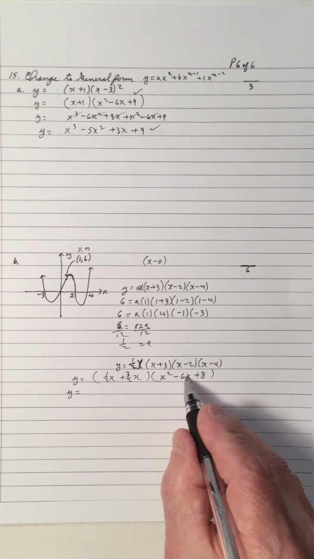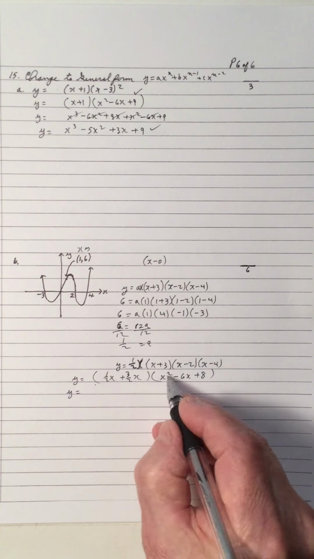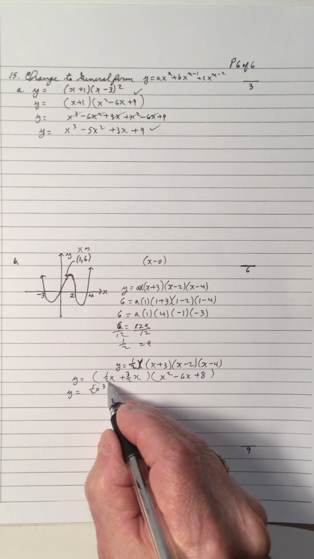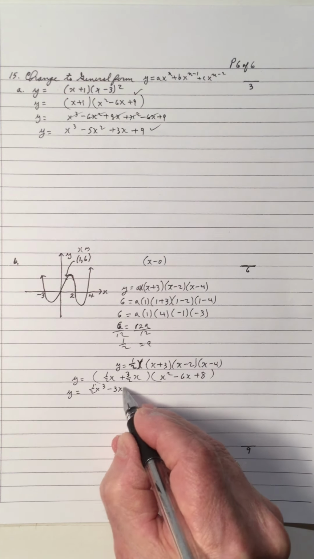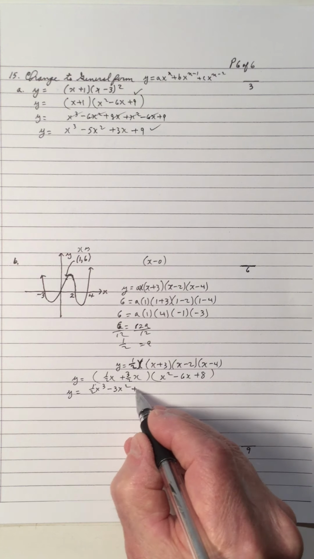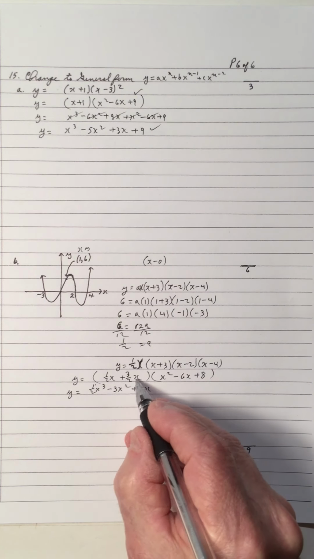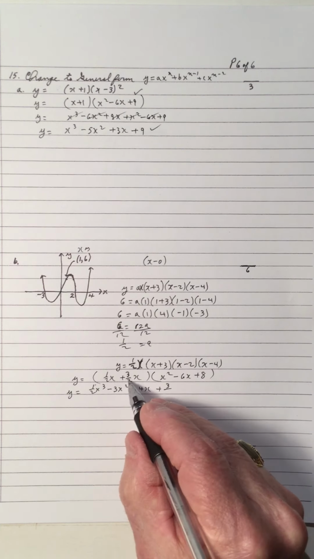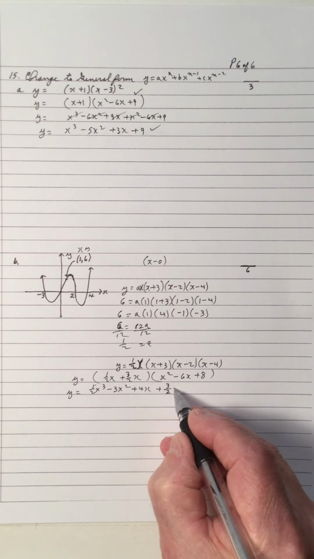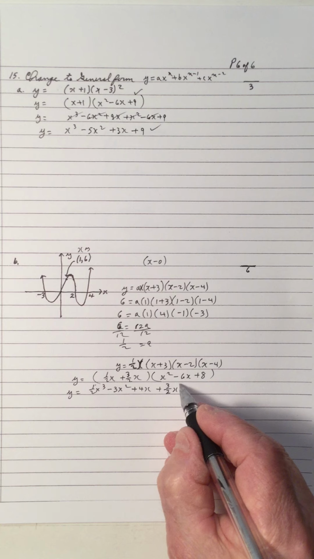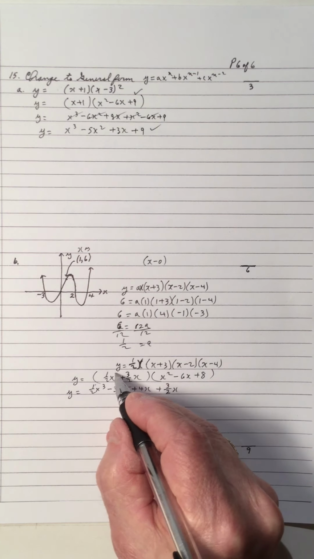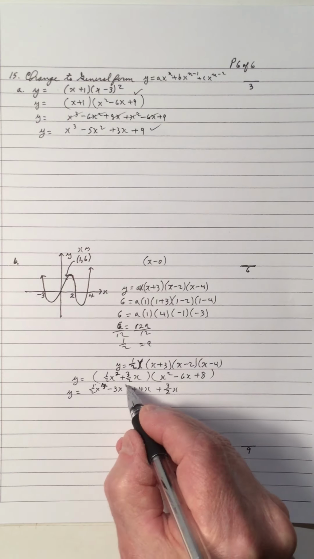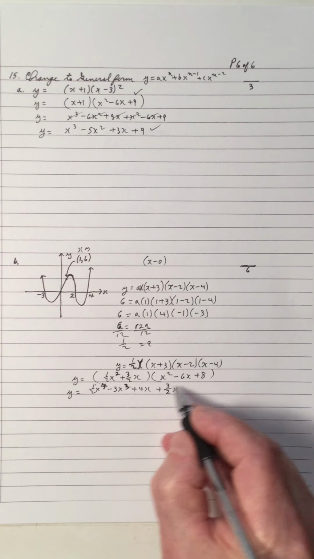I multiply the binomial times the trinomial, and I'll get a half times x squared is a half x cubed. Half x times -6 is -3x squared. Half times 8 is a +4x. And 3/2 x times x squared is 3/2 x cubed. Now I have to be careful.